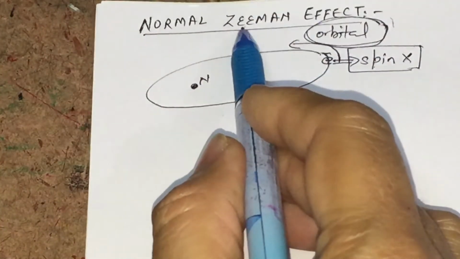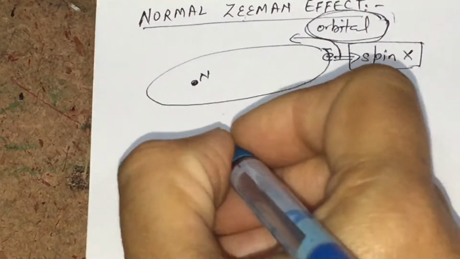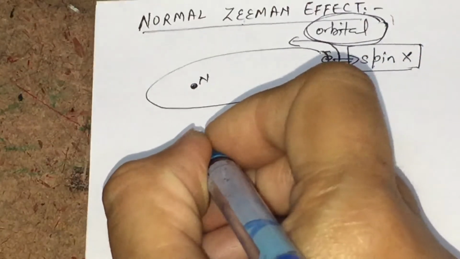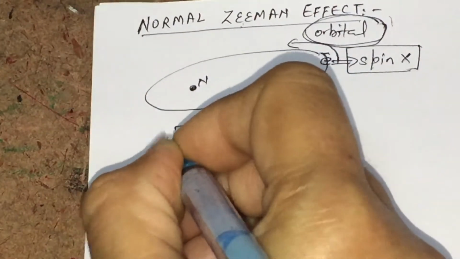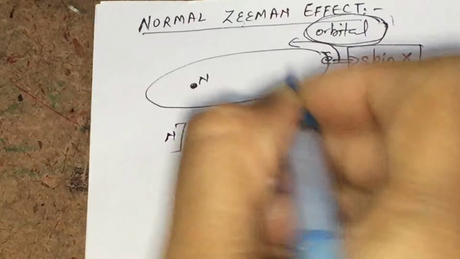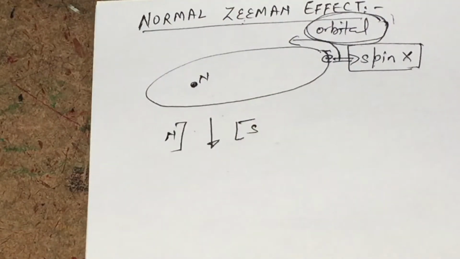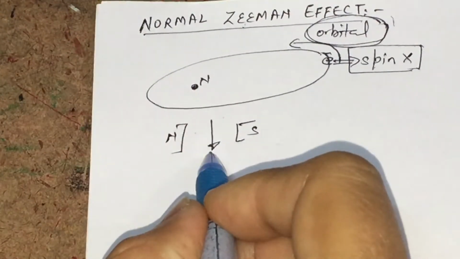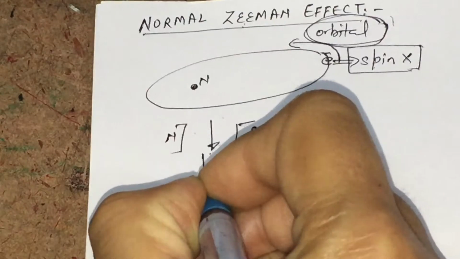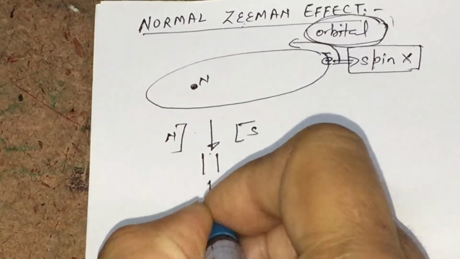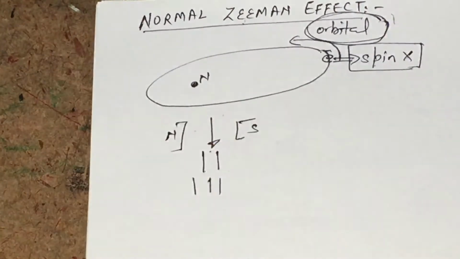In the Zeeman effect, when the spectral line passes through a magnetic field, this line splits into two or into three components.